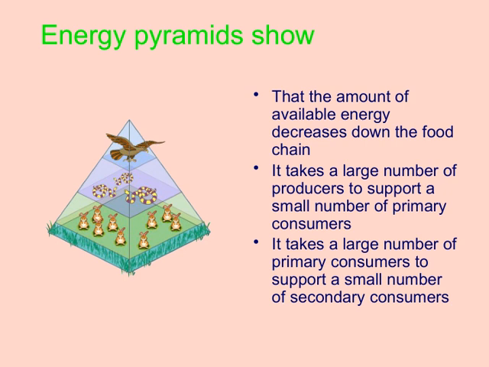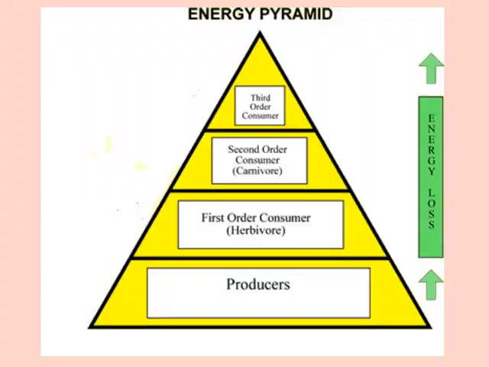And then, similarly, it takes many primary consumers to support even fewer secondary consumers, like predators. This pattern highlights why ecosystems have this pyramid shape, with energy being most abundant at the base and decreasing toward the top. It's a crucial concept that ties into how energy flows and sustains life at every level in an ecosystem. This slide doesn't contain enough information.